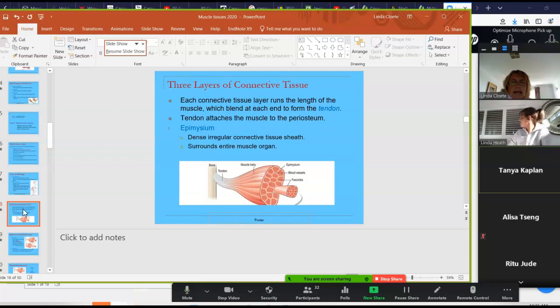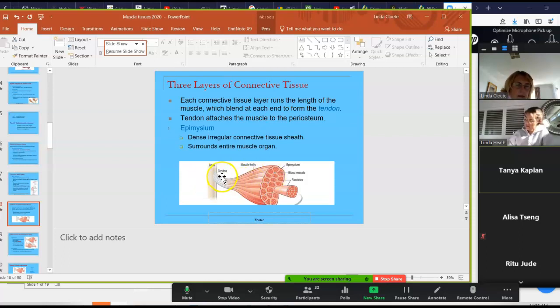For the person who was asking about the difference between tendons and ligaments: this outer layer of the muscle that enshrouds the whole muscle is the epimysium, and it all comes together and forms a tendon that attaches the body of the muscle to the bone.